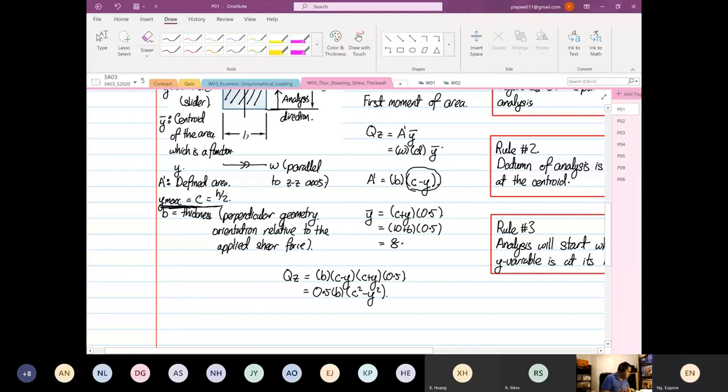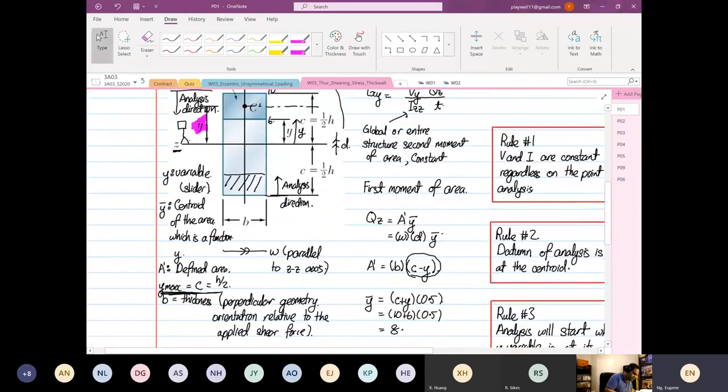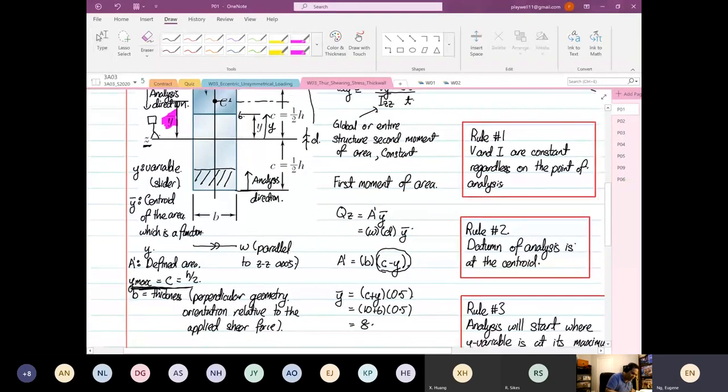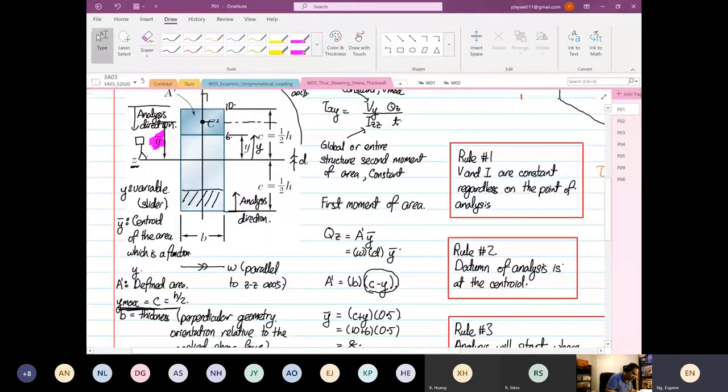Okay. So rule number 4, right? Rule number 4 that I'm going to state, without the mathematical relationship, is the first moment of area.